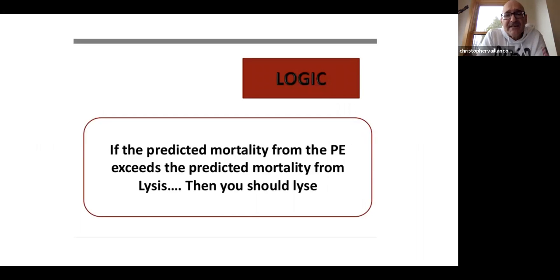So the logic would dictate, again, if your predicted mortality from a PE exceeds the predicted mortality from lysis, then you should probably consider thrombolysis, okay? So a young person, less than 65 years old, no contraindications of hemorrhage.